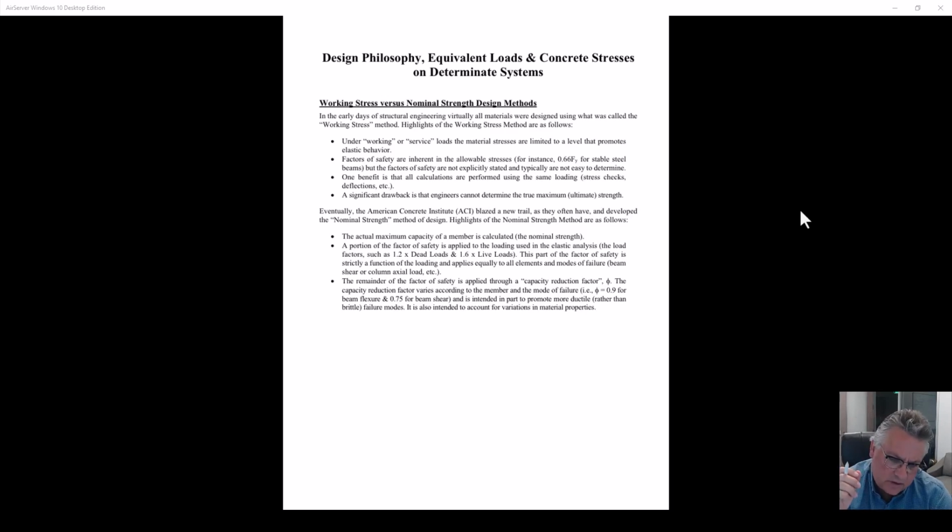The reason I bring this up is that post-tensioned concrete, pre-stressed concrete, has actually always been required to do two designs, one based on allowable stresses and one based on ultimate strength. So the strength design of pre-stressed concrete is just like regular concrete. 1.2 dead, 1.6 live, capacity reduction factors for shear, bending, used appropriately.